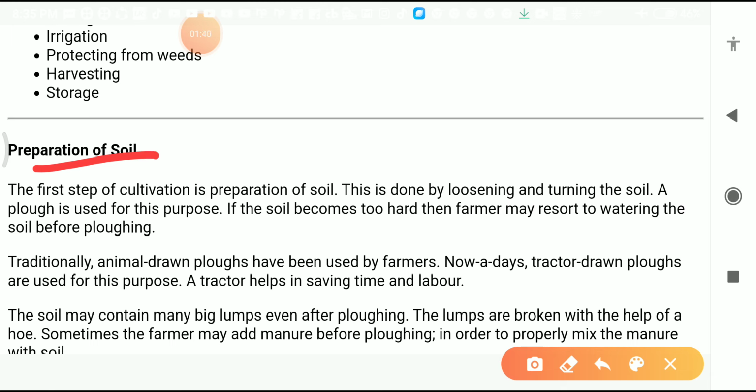The first step of cultivation is preparation of soil, and preparation of the soil means loosening and turning of the soil. We can use an implement here, that is the plow.